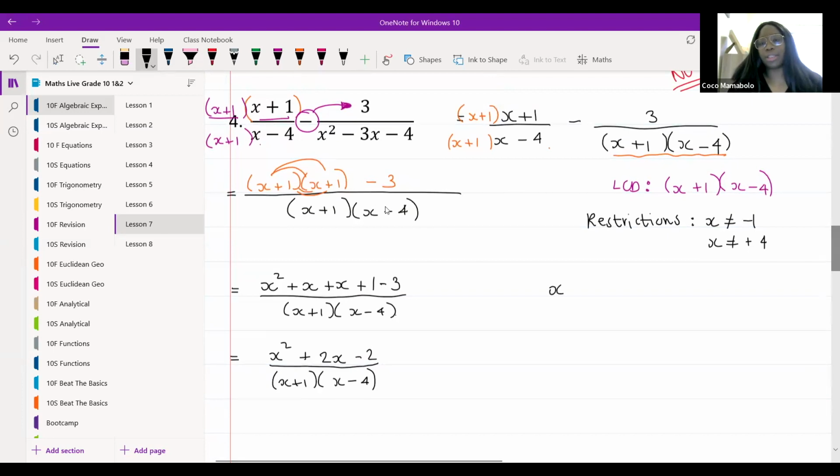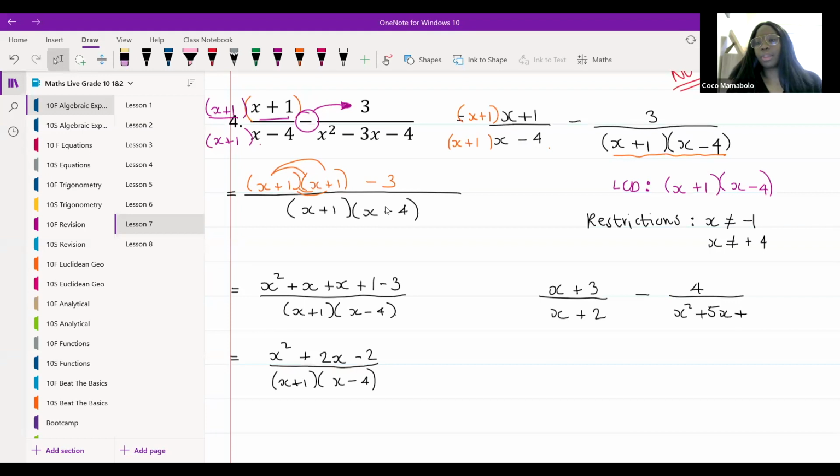I'm going to give you x plus 3 over x plus 2 minus 4 over x squared plus 5x plus 6. All right. So who wants to tell me what is the first thing we're going to look for?